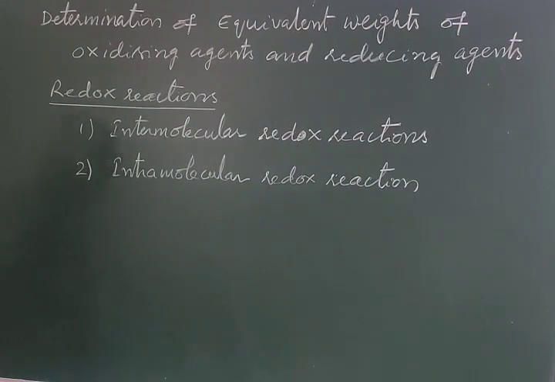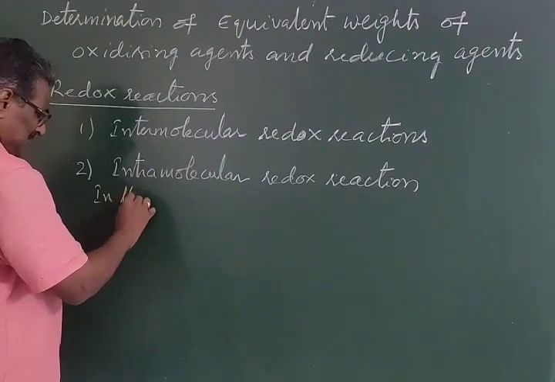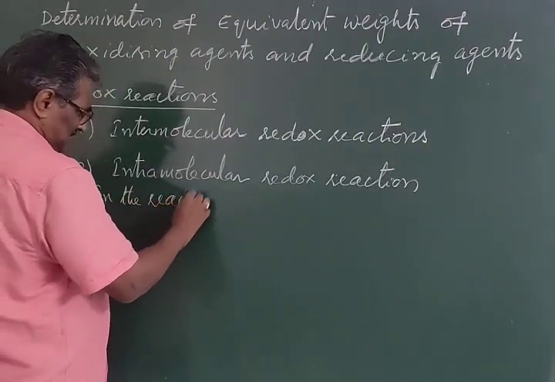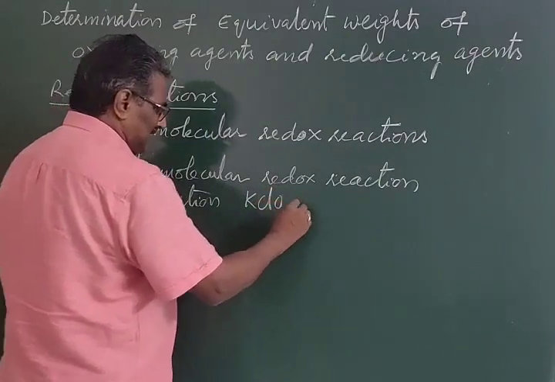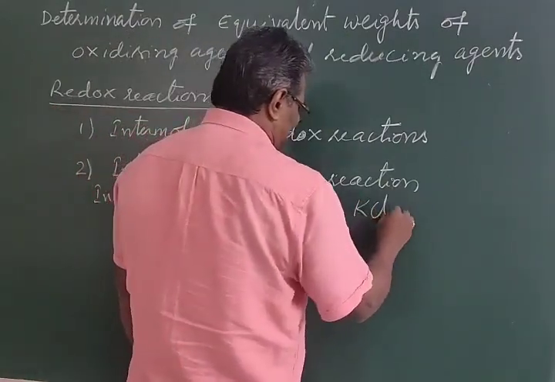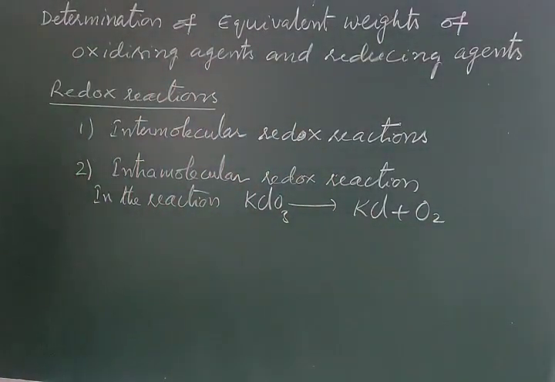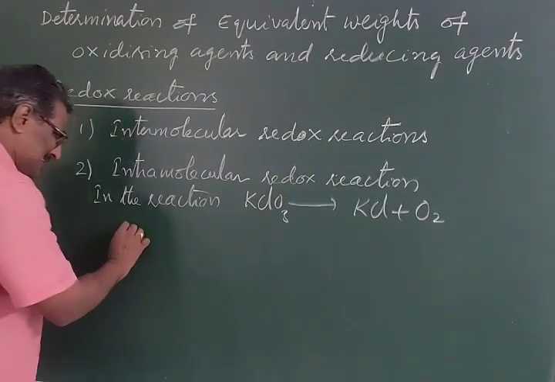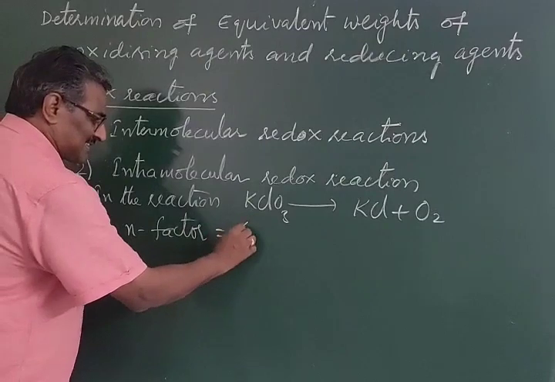What is the N factor in the reaction KClO3 gives rise to KCl plus O2? The N factor is equal to 6.